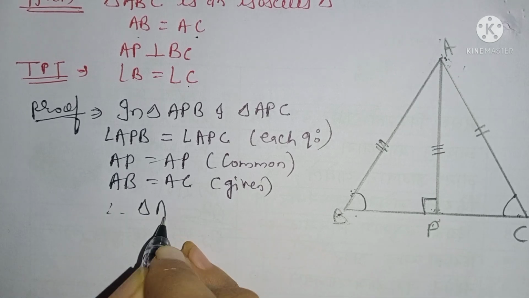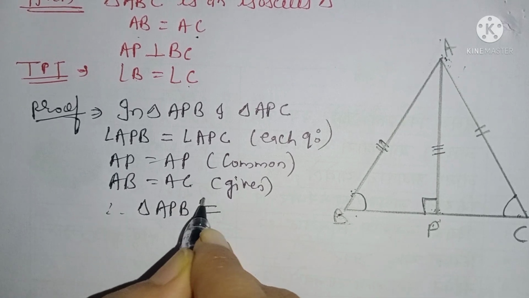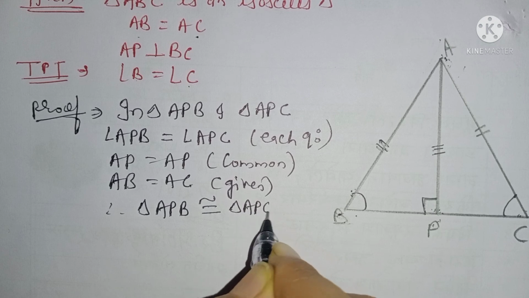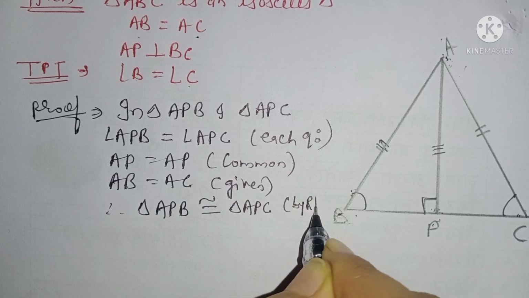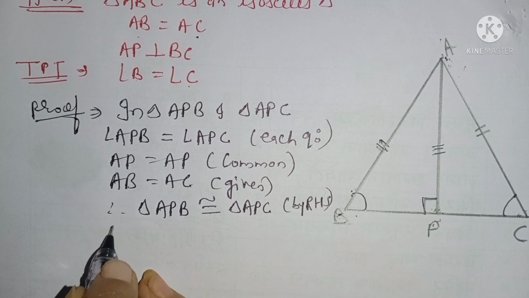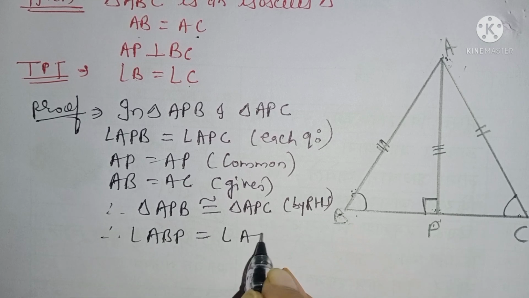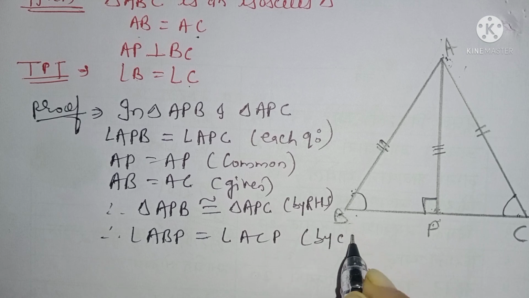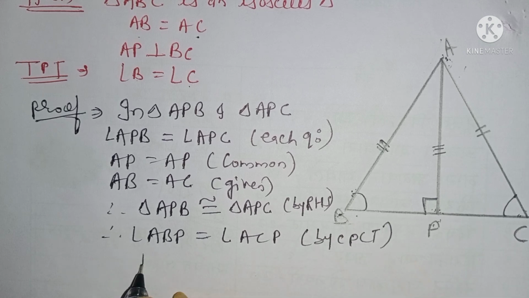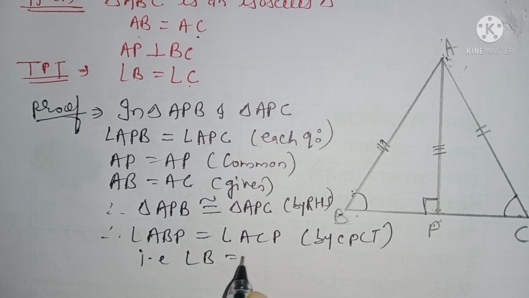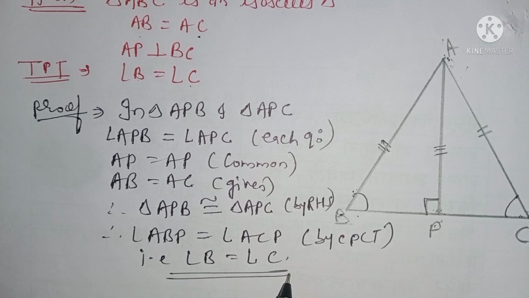Now, therefore, triangle APB is congruent to triangle APC by RHS, and therefore angle ABP is equal to angle ACP by CPCT. So that is angle B is equal to angle C, hence proved.